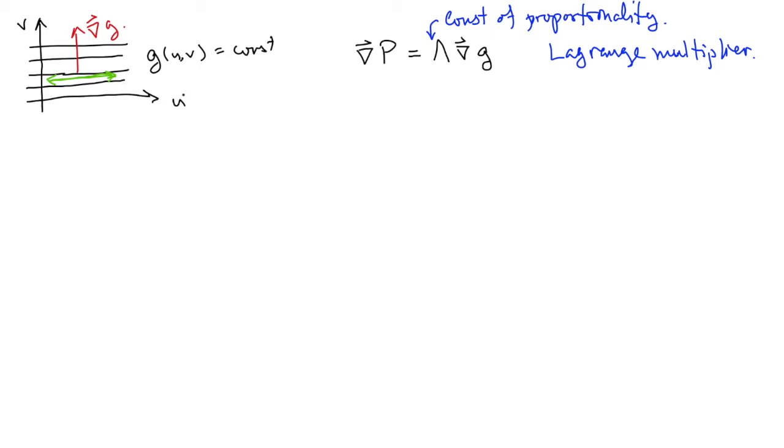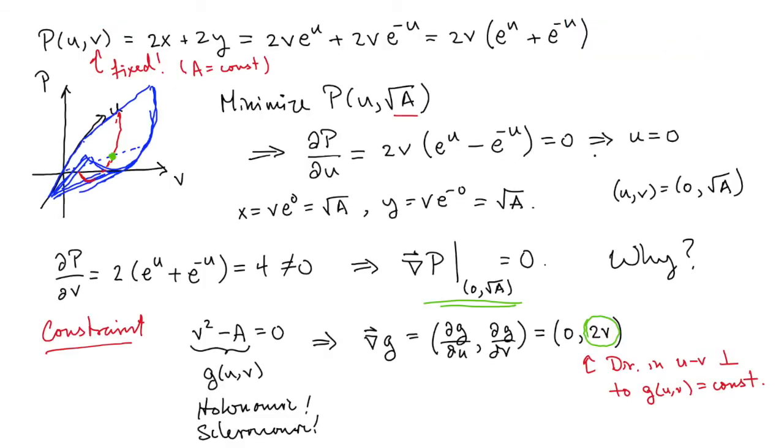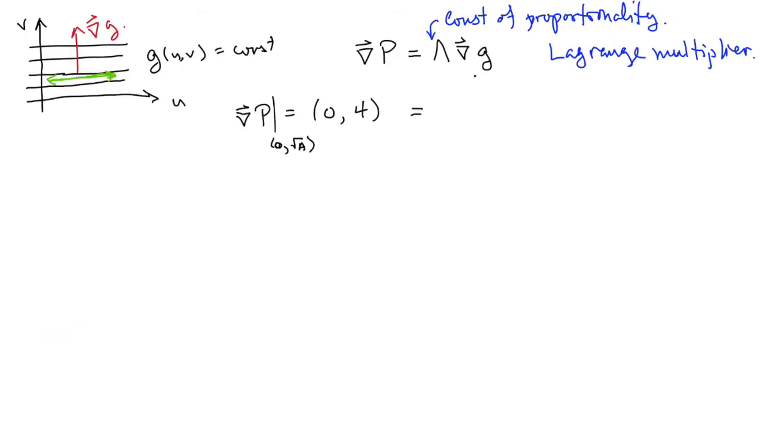In our example, we said grad p was equal to (0, 4). This was at our happy minimum, at u of 0 and v of the square root of a. This is what we said the minimum fence price was. And this has to be equal to whatever lambda is times the gradient of our constraint g.